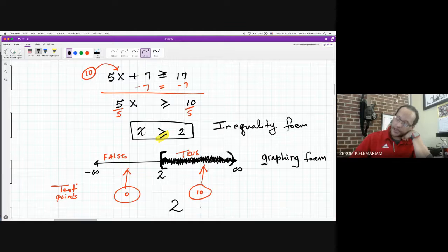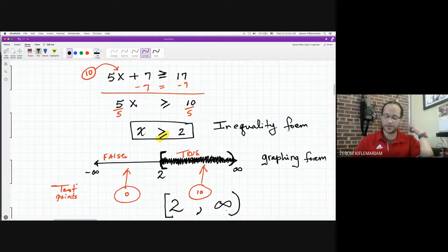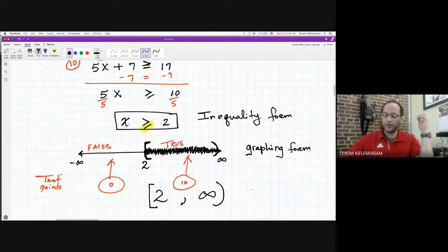The shaded area is from 2 all the way to what? To infinity. Number 2 is a bracket. Infinity is a parenthesis. Does that make sense? Yes. So now by looking at that, that would be my answer in interval notation.